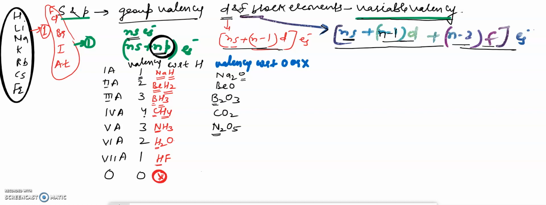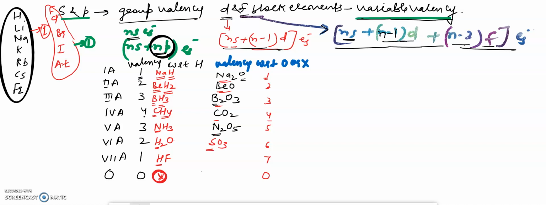As I told you, valency with respect to oxygen or halogen will be 1, 2, 3, 4, 5, 6, 7, 0. So see here, valency of sodium is 1, here it is 2, here it is 3, here it is 4, and here valency of nitrogen with respect to oxygen or halogen is 5. Then SO3. Here the valency of sulfur will be 6.